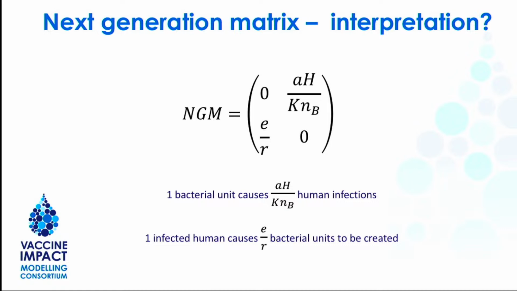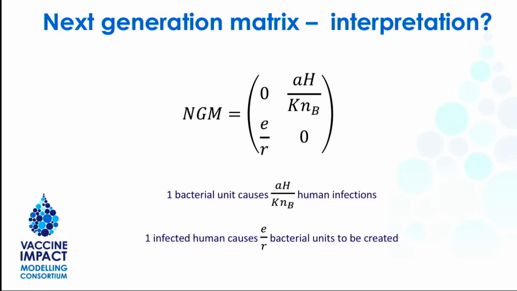We've got some measure of that probability of infection given contact, so related to the infectious dose. So that's our new transmission, our new infections. And then we want the per generation, so that's where we've got this part. So 1 over NB gives us the average amount of time that bacteria stays in the bacteria compartment. So this gives us our infected new humans per generation.